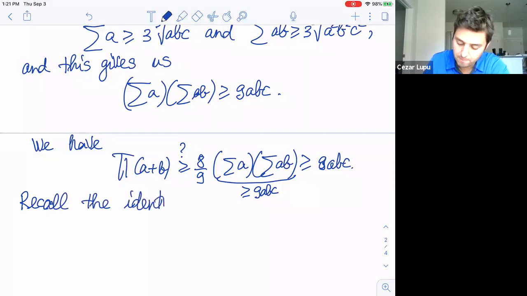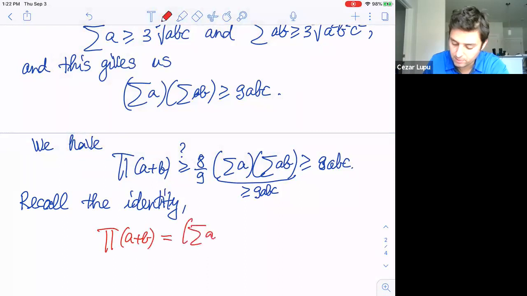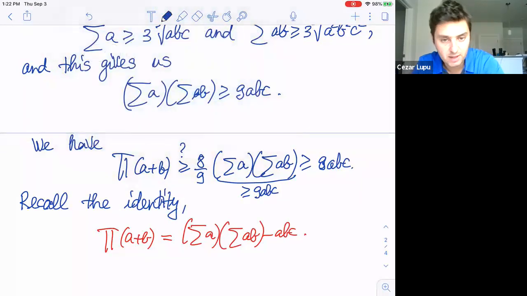And I told you to prove it. This identity, the product of A plus B, can be expressed in terms of the symmetric sum, so this is very nice, minus ABC. Once I use this, I don't use any inequality.